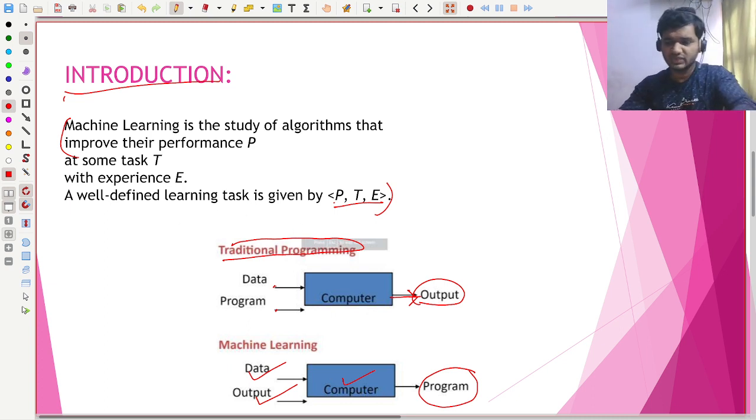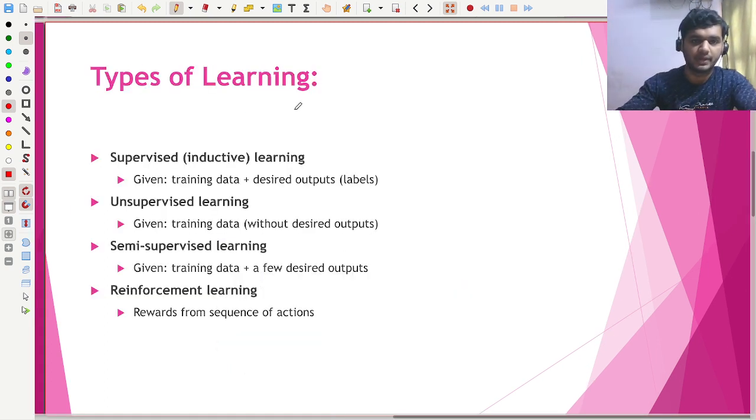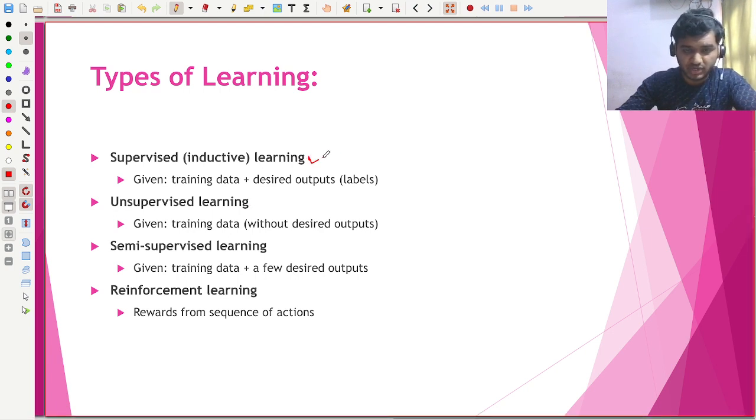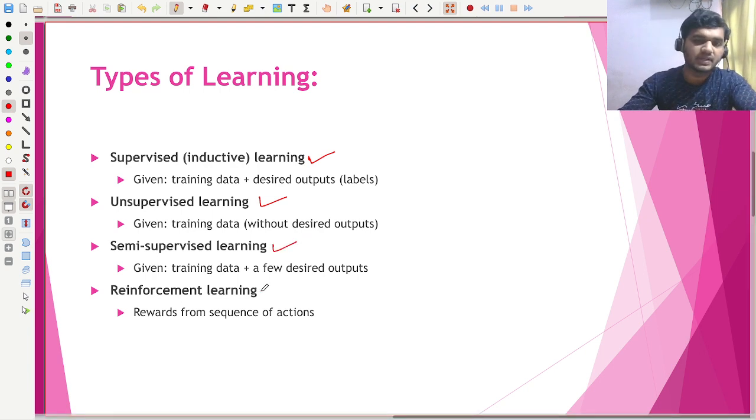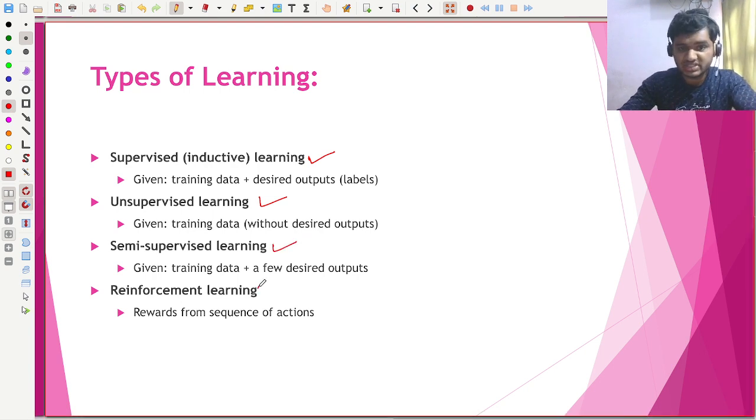So, types of learning. Machine learning has four types: supervised learning, unsupervised learning, semi-supervised learning, and reinforcement learning.